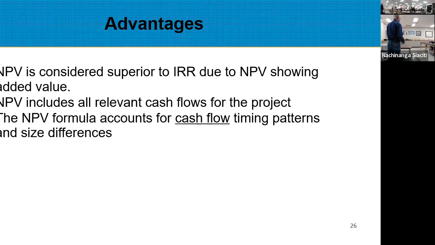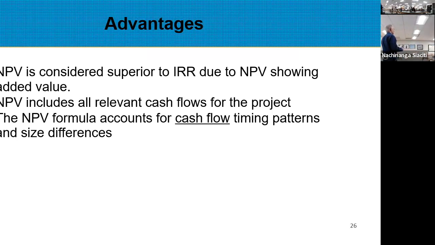The NPV formula also accounts for planning patterns. In the two truck examples that I was speaking of earlier, you'll notice that I was able to say, okay, I'm going to buy it in year 0 and I'm going to sell it in year 5. Those are different cash flows and they're not consistent across the entirety of the calculation.